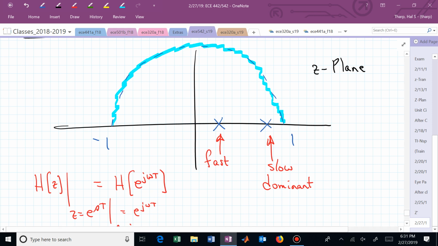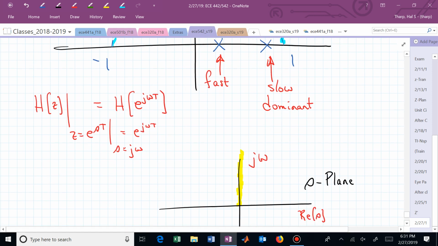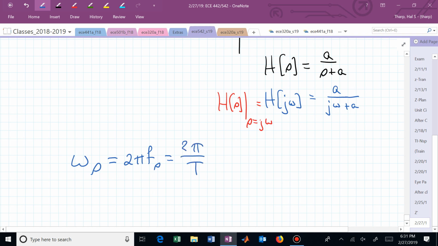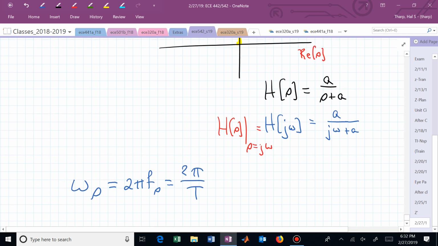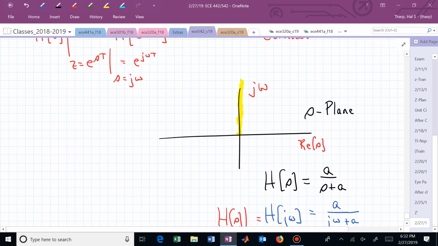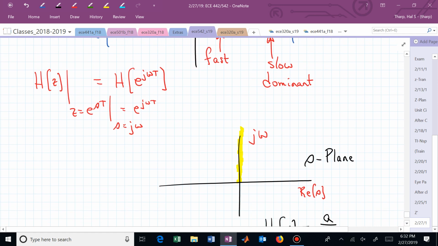We now have a sampling frequency, omega sub s, and that is now 2 pi f sub s, which is 2 pi over T. And what happens when we look at e to the j omega?